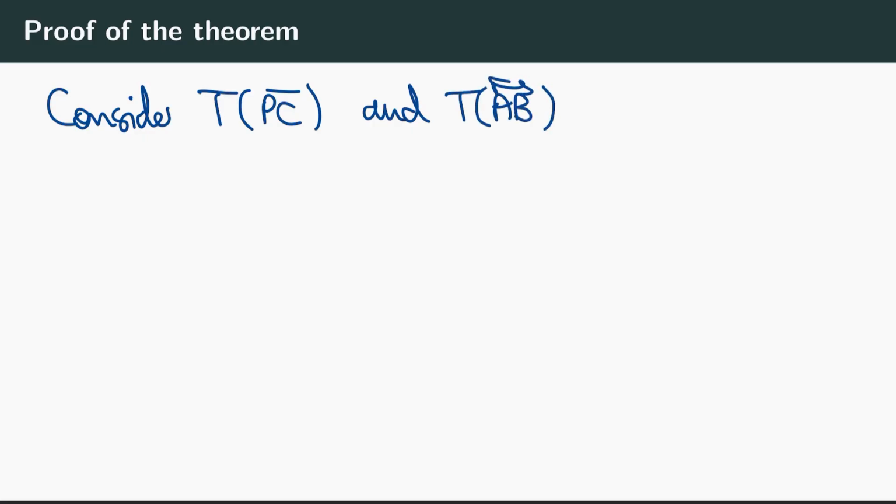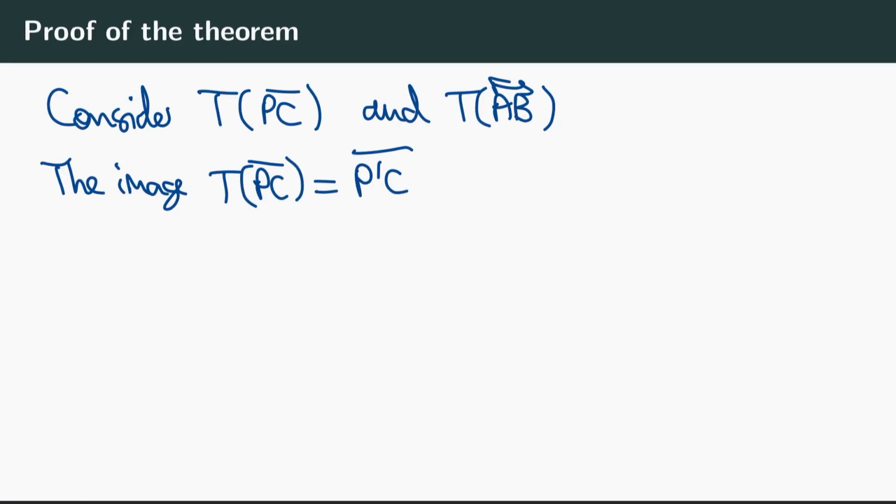Well, the image of the segment PC is the segment between the images of P and C. So that's going to be the segment P prime C, remembering that the image of C is itself. And the image of the line AB is just itself as well.